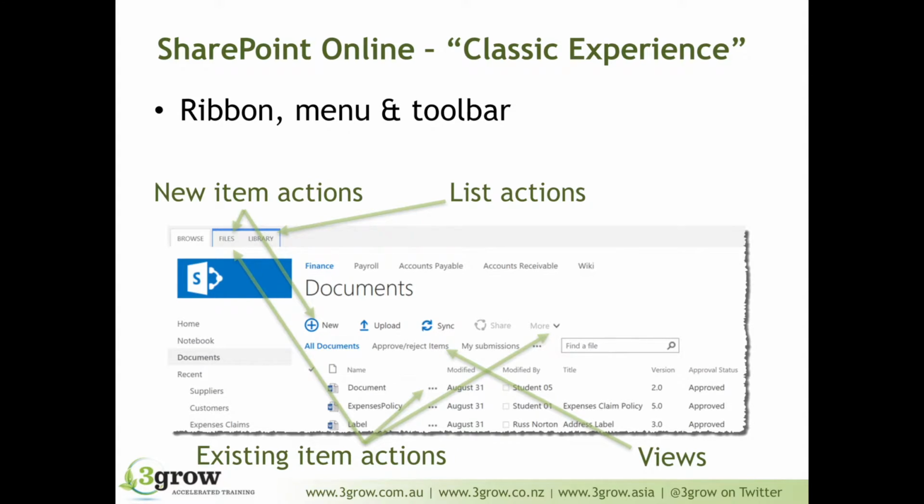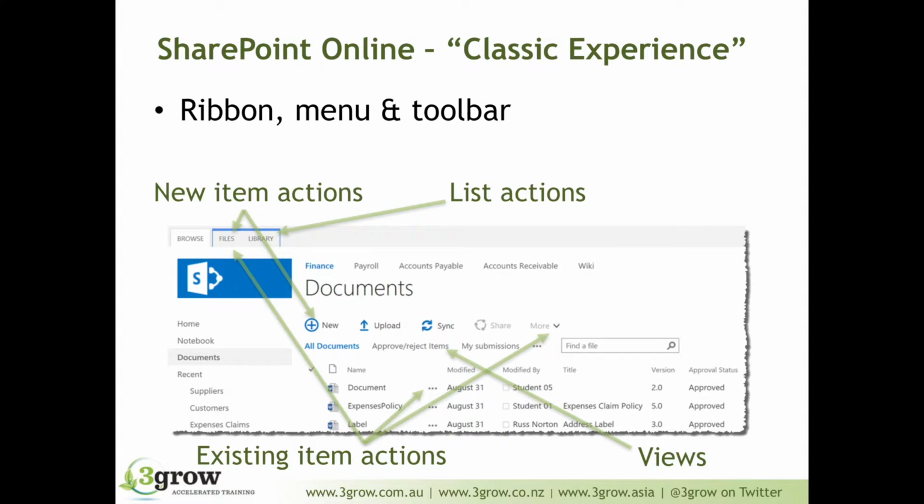With the addition of further options in that toolbar, we've now got not just the ability to upload, but also to create new, sync your library locally, share, and also the more drop down, which is where we can perform actions on the individual items. The addition of those options is moving back towards what people were more familiar with in 2007. So now we're using the toolbar more so than the ribbon.